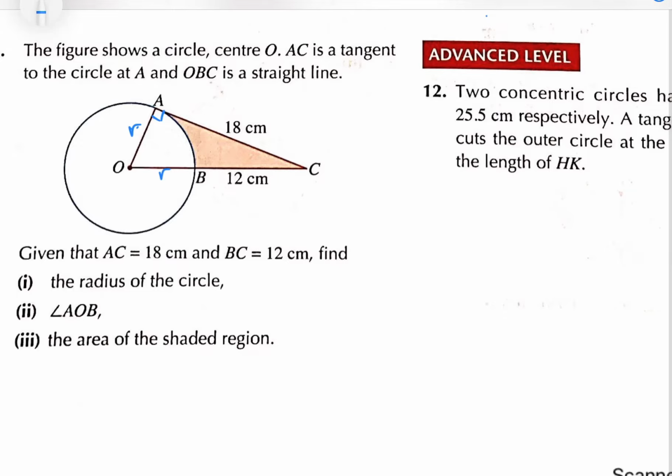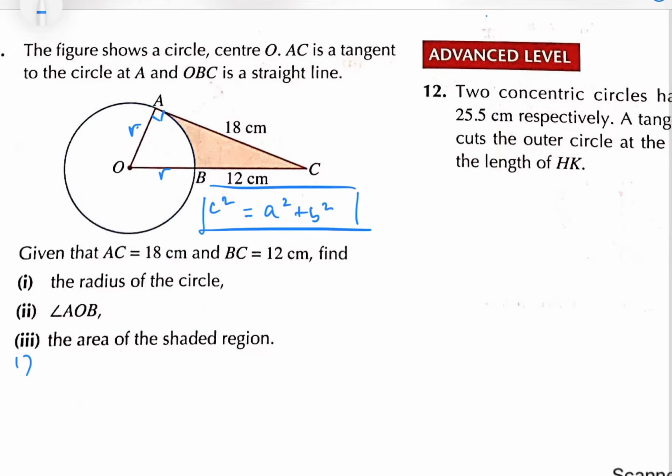So we can use the Pythagorean theorem here, which says that the square of the hypotenuse is equal to the sum of the squares of the two other sides. So c squared is equal to a squared plus b squared.